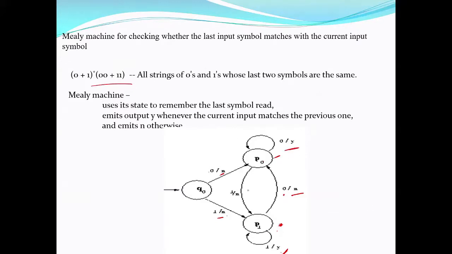Similarly, if you get 1, it will not match, because you will be in this state as long as the last two symbols are 0, 0. You get 1, current symbol will not match with the previous symbol. So I have to output N and then go to the other state. Right? This is the Mealy machine for checking whether the last input symbol matches with the current input symbol or not.